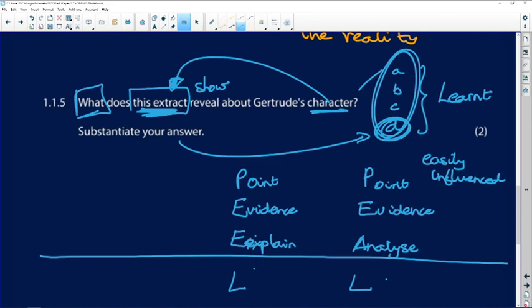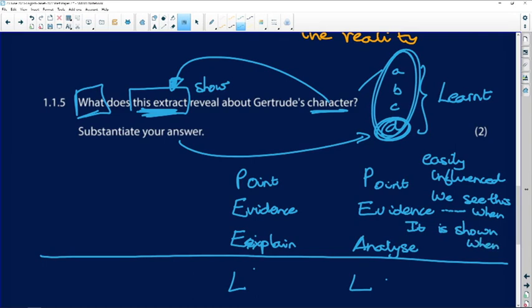Then your evidence from the extract here, and you can say something like, we see this when. Remember, the evidence is not quoted. It is in your own words. We see this when whatever happens, all right? Or it is shown when. Or this is shown when.